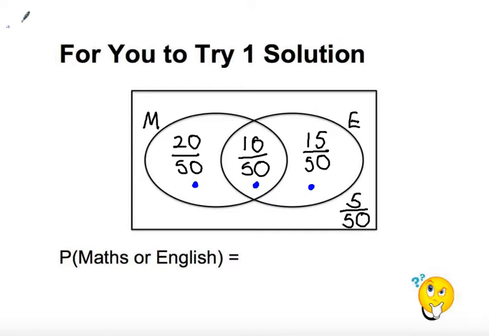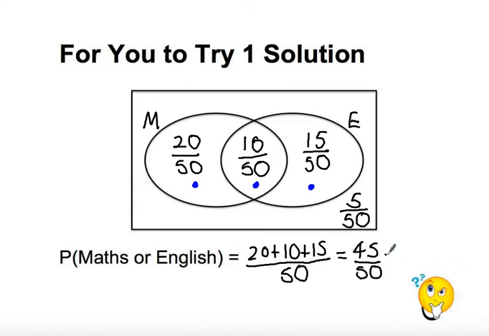So I'm looking at those 3 elements, and so what I get is 20 plus 10 plus 15 all over 50, which we totaled up a moment ago because I needed to find that outside amount, and that's 45 over 50. And so if you want to cancel that, you can divide top and bottom by 5 to get 9 over 10.